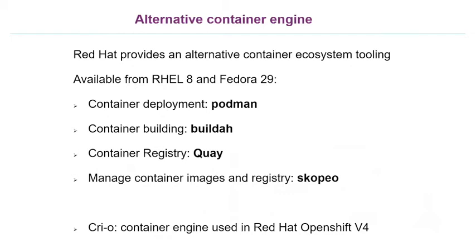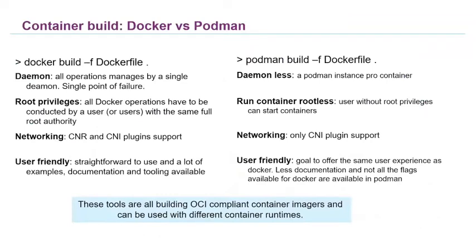So the question is what we have available today and what is the differentiation between them. Docker basically has one disadvantage: you have a daemon that has to run all the time, and it's a single daemon, a single point of failure. Containers using Podman do not need a daemon. Podman is running without a daemon, like a function as a service.